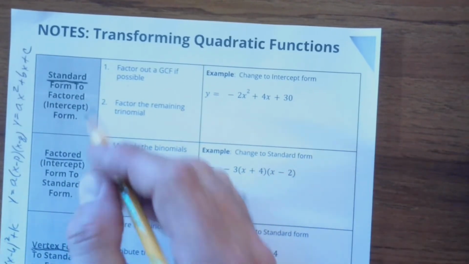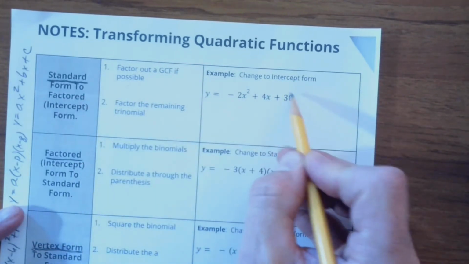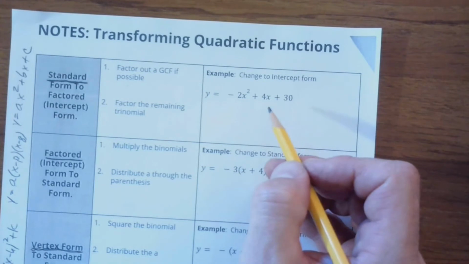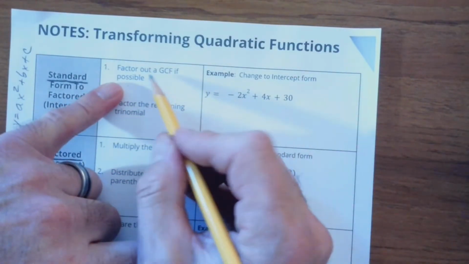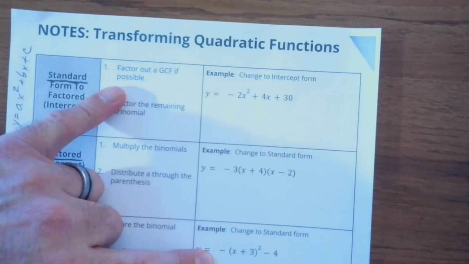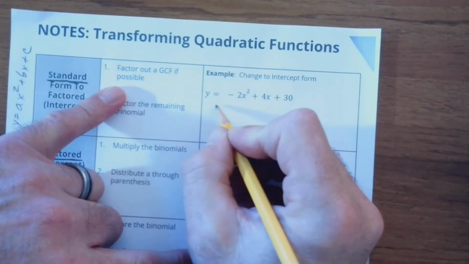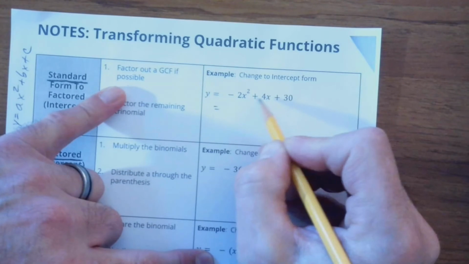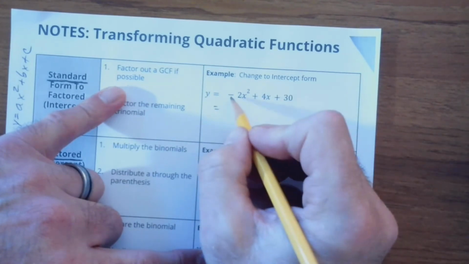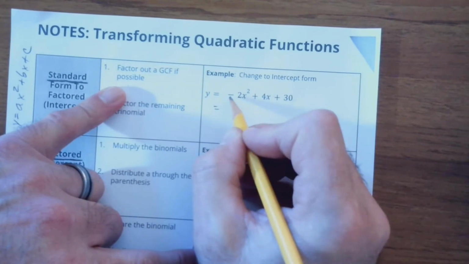Okay, so we are going to transform standard form into factored form. So the first thing we want to do is factor out the greatest common factor. So let's look at that. How would we do it? Well, I see that all of these numbers are even, and I see the x squared is negative.